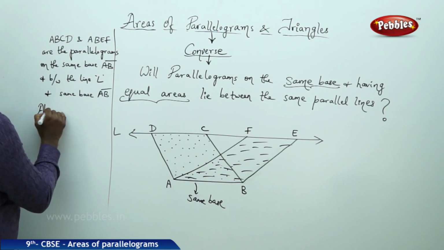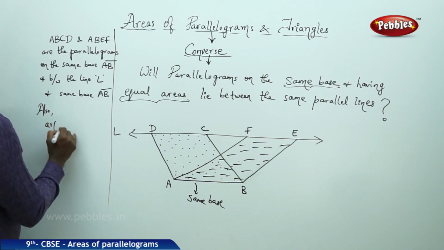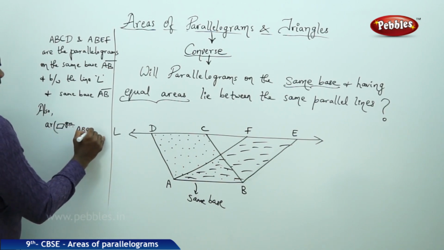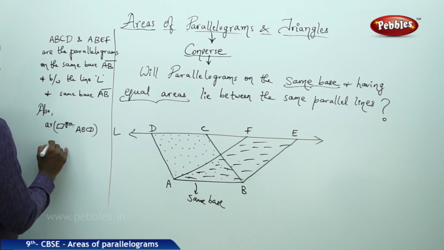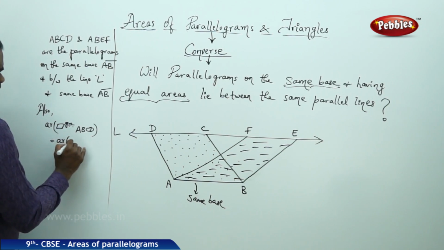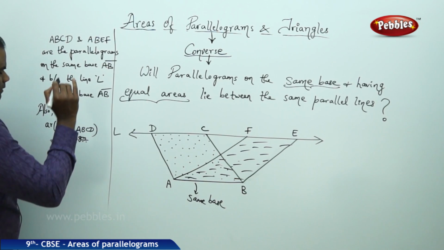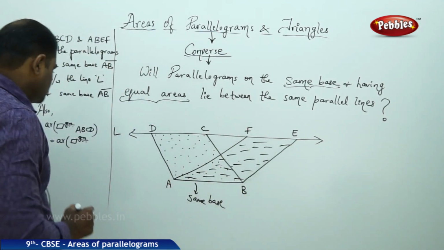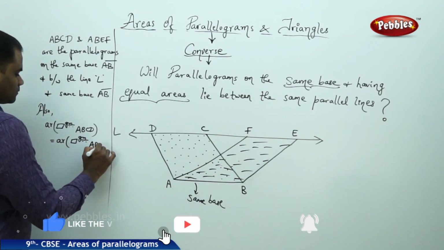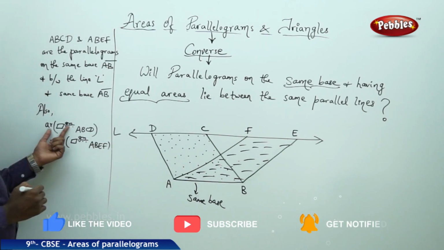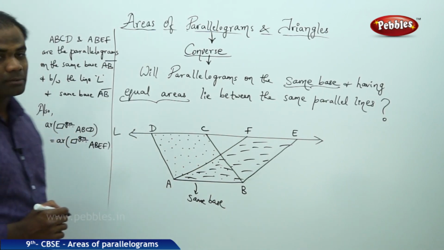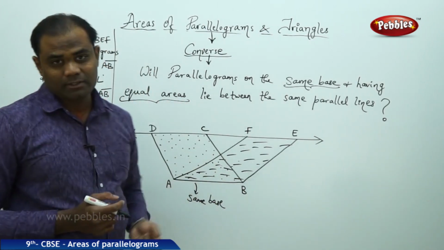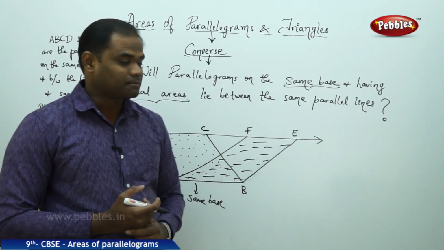Also, area of parallelogram ABCD equals area of the other parallelogram, which is ABEF. So the area of parallelogram ABCD is equal to the area of parallelogram ABEF. So we have taken parallelograms having equal areas as per the converse of the statement.